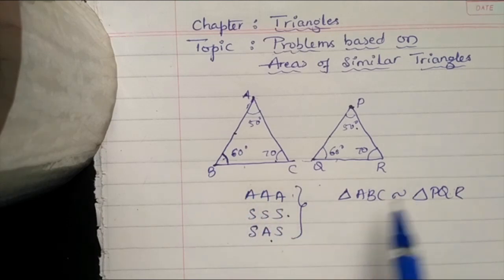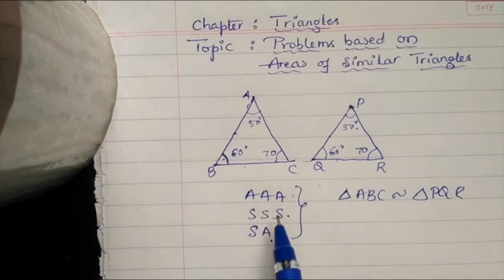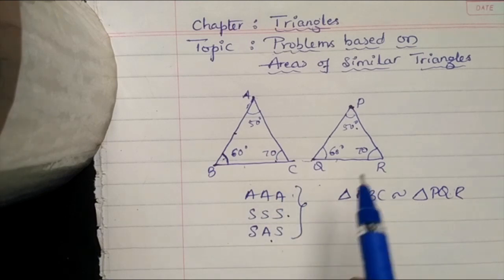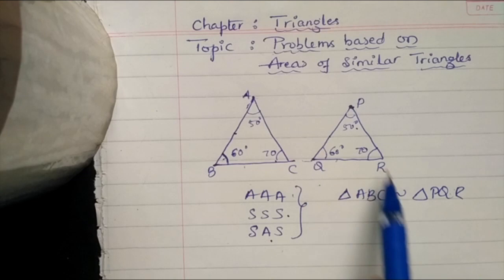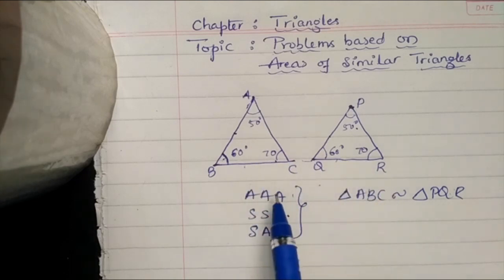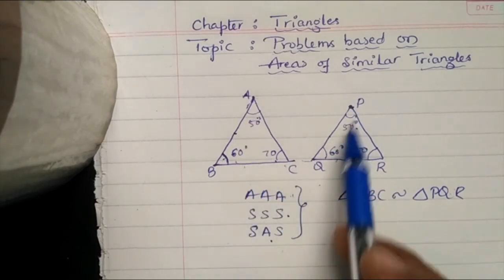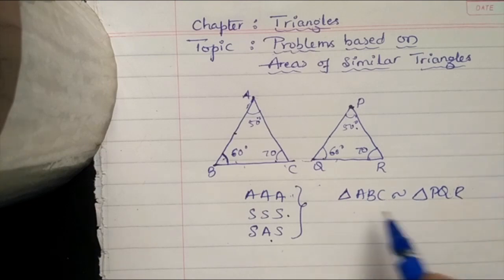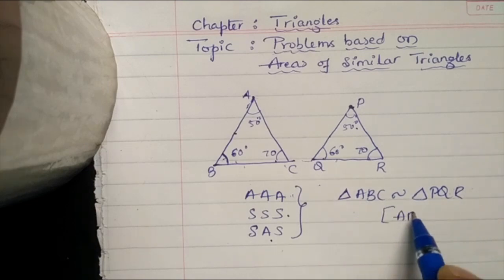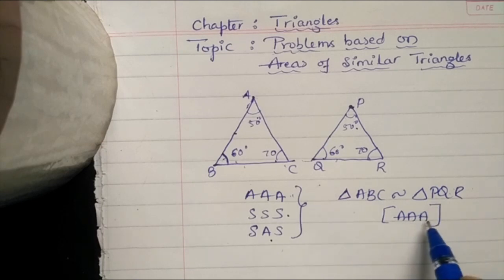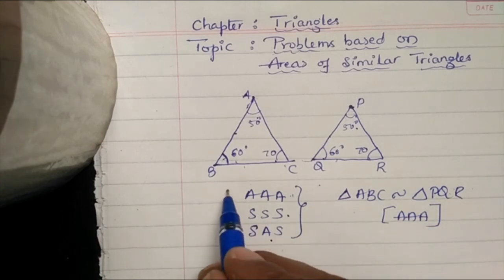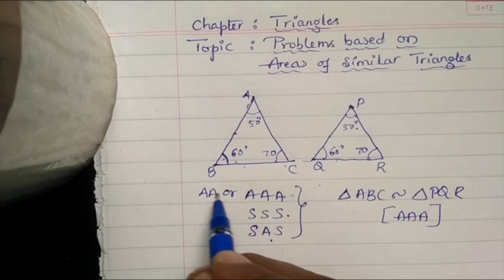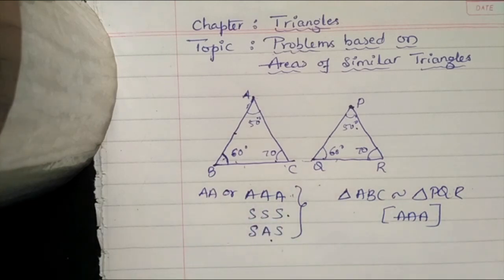Here, which criterion is used in the above problem? AAA is used because all three angles are equal. You can write the reason here: I used the AAA criterion. AAA or any two angles, it is also called AA. AA or AAA criterion.